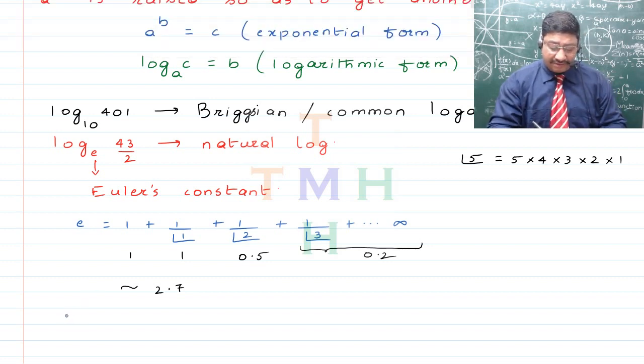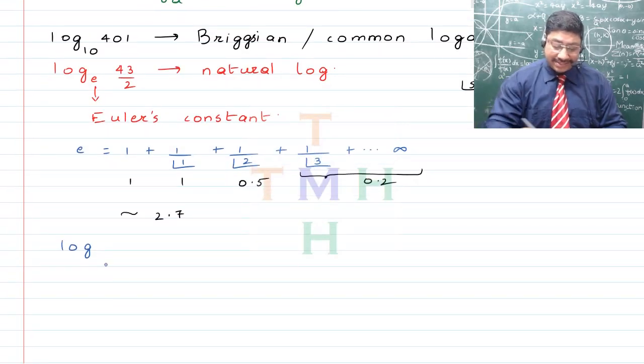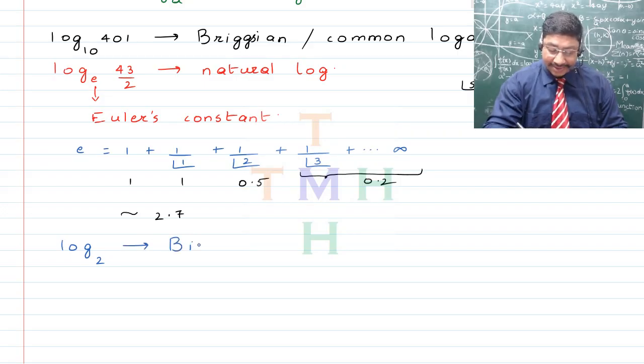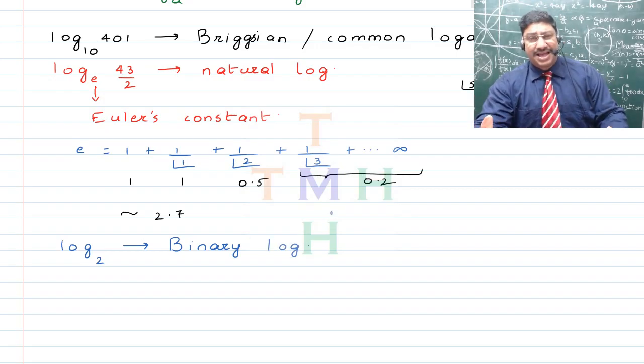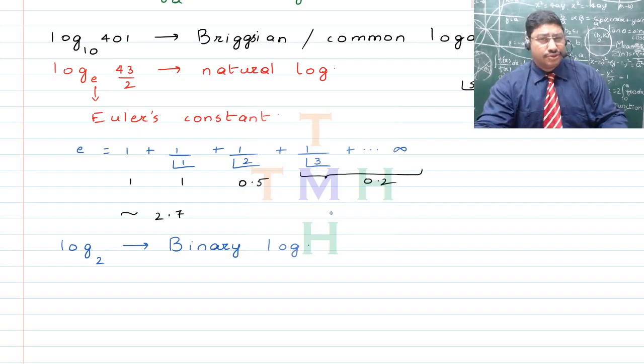Suppose you talk about log when the base is 2, then, children, it is known as binary logarithm, and this is normally used in computers as there we use a base of 2, as we have just two numbers, 0 and 1, where 0 means off and 1 means on, right. These are actually different voltages which show you whether the input is a 0 or a 1.